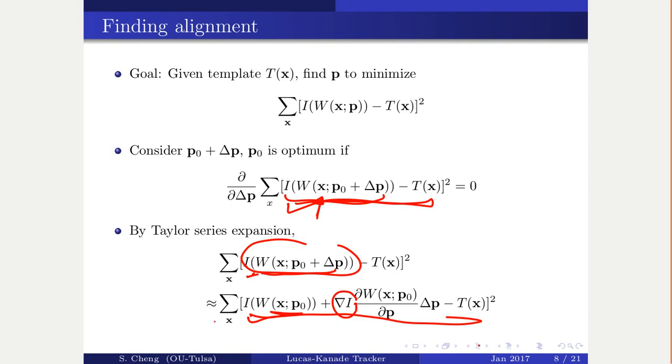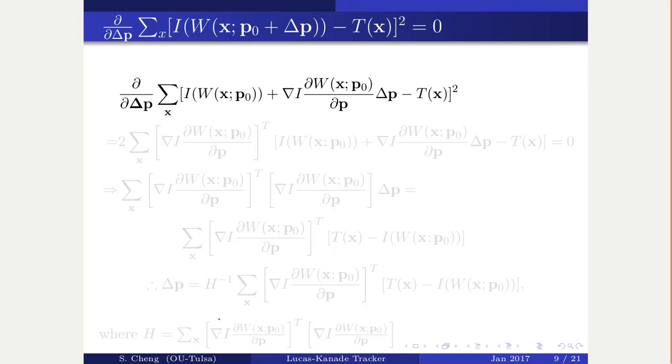So now, first we need to find the derivative of this with respect to delta p. Okay, it looks complicated, but it's really pretty simple because this is really just a scalar function, and you can think of this whole thing as, let's say, f of p squared. Then if I take the derivative with respect to p, I will have 2 f(p) times the gradient of f.